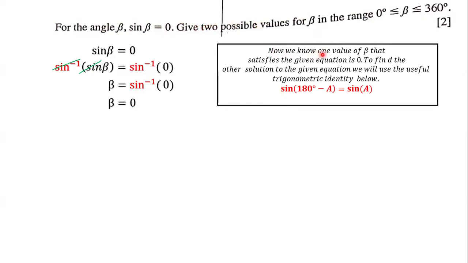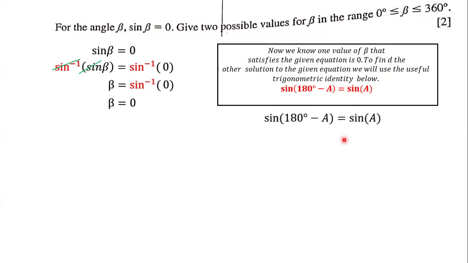Now that we know one value of beta that satisfies the given equation is 0, to find the other solution to the given equation, we will use the useful trigonometric identity below, which says that sine of 180 degrees minus a is equal to sine of a.